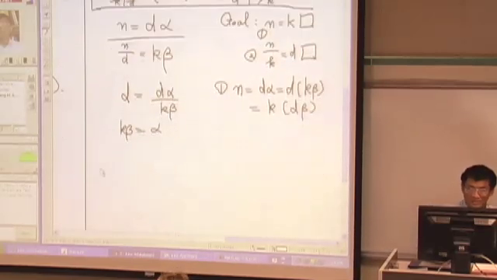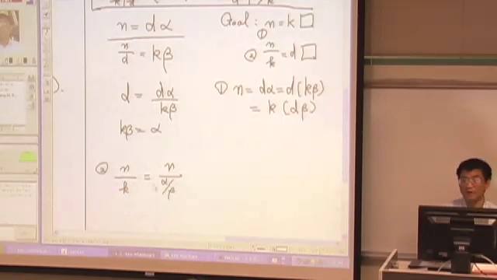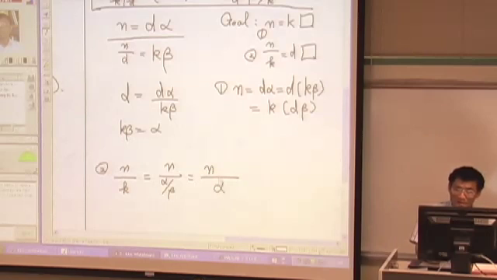The second expression, N over K. As you can see, K is alpha over beta, so N over alpha and then beta.